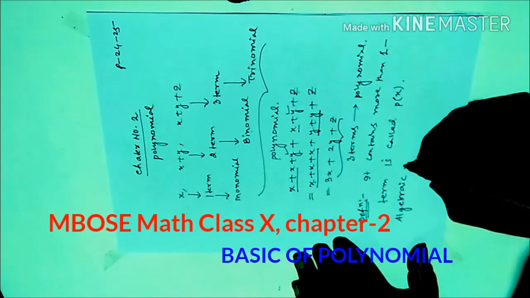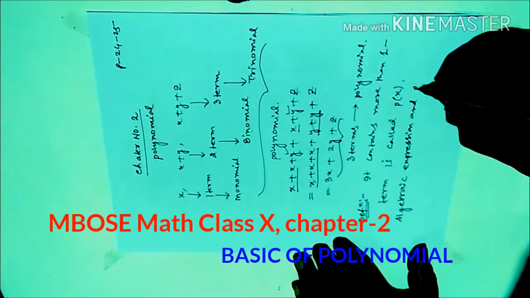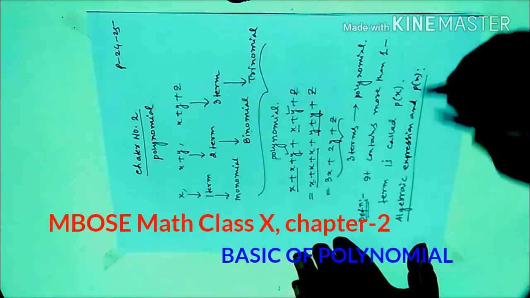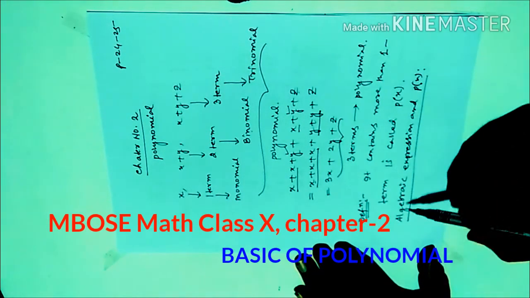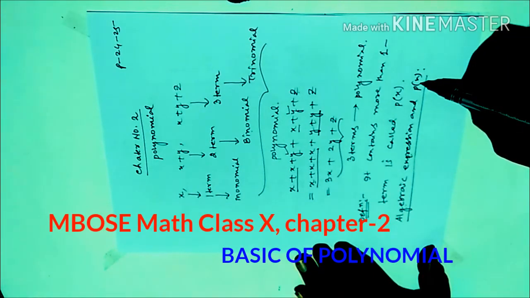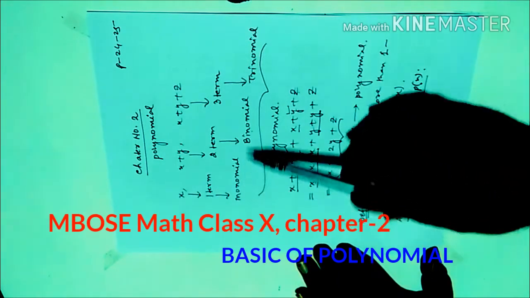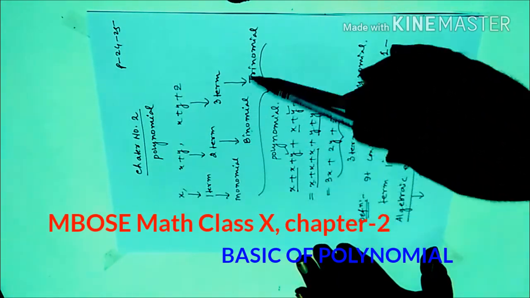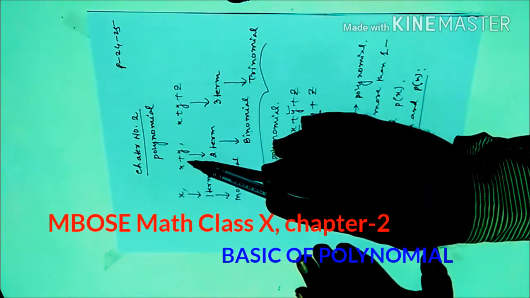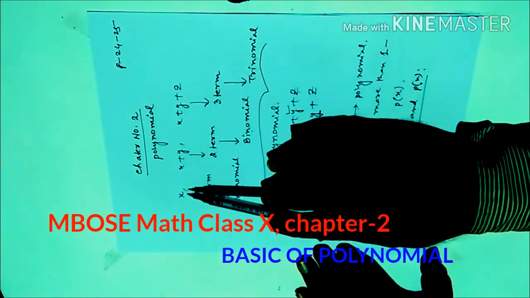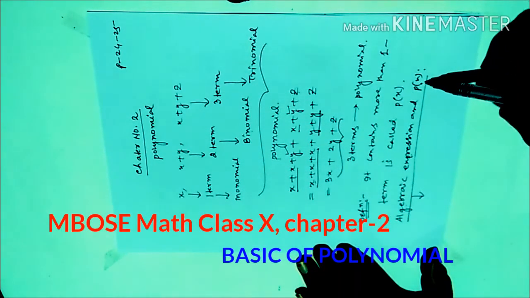Algebraic expression means the combination of monomial, binomial and trinomial; each and every term we call an algebraic expression. This is also an expression, this is also an expression, this is also an expression. There are 3 expressions. So all these 3 expressions we also call polynomial.